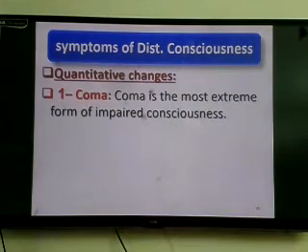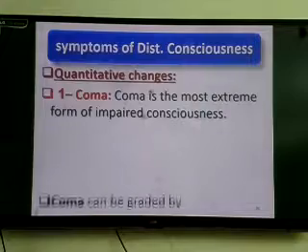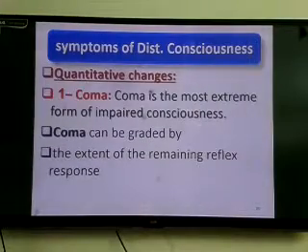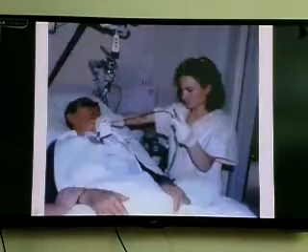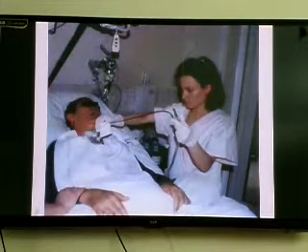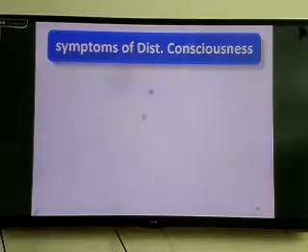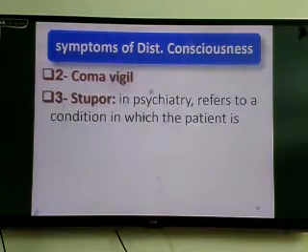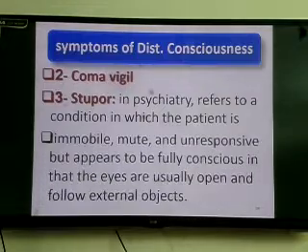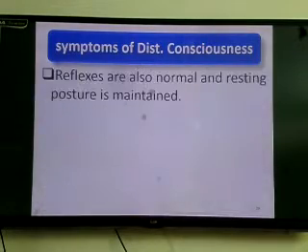Quantitative change, we talked about it last time. Coma. This is a comatose patient in intensive care unit. Coma vigil, which is open eye coma. Stupor, we talked about it last time.